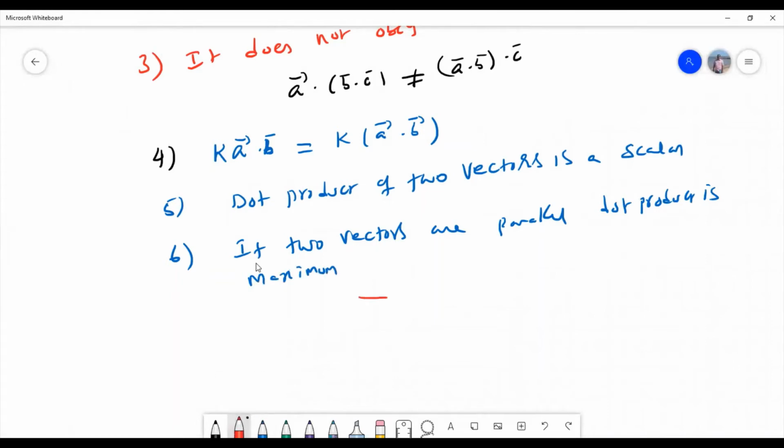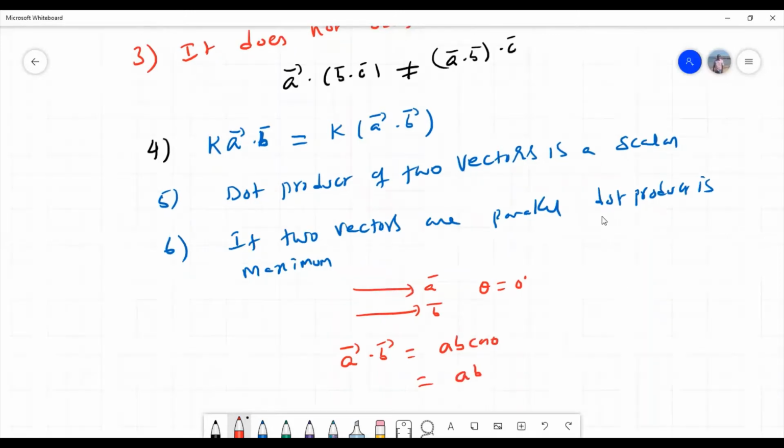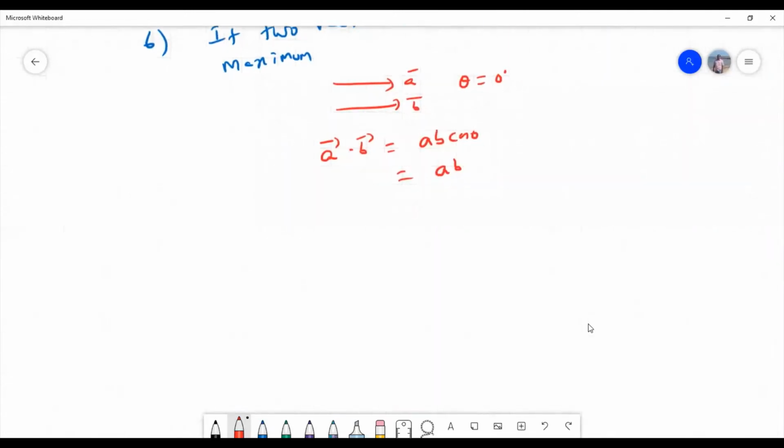For two parallel vectors, if A bar and B bar are parallel, theta is equal to 0. Now what is A bar dot B bar? AB cos 0, so simply AB. So when the two vectors are parallel, the dot product is maximum.